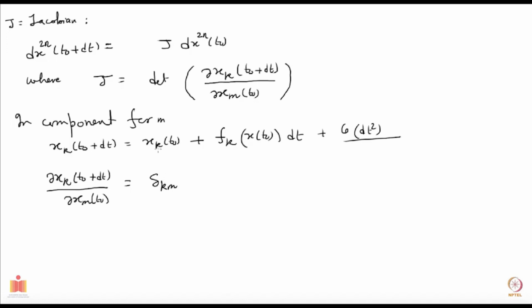Only when k and m are equal, this is going to give you 1, plus the derivative of f with respect to xm, so delta fk over delta xm. I will drop this x of t0 for ease of writing and clarity, but that argument is there, and you have a dt here. Okay, let me keep writing this.